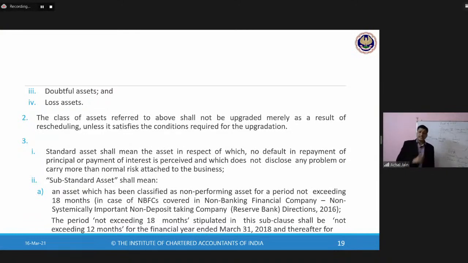Moving on to the second category, substandard. So when would an asset become substandard? An asset which has been classified as non-performing asset for a period not exceeding 18 months. Now this part is very important for all of you.